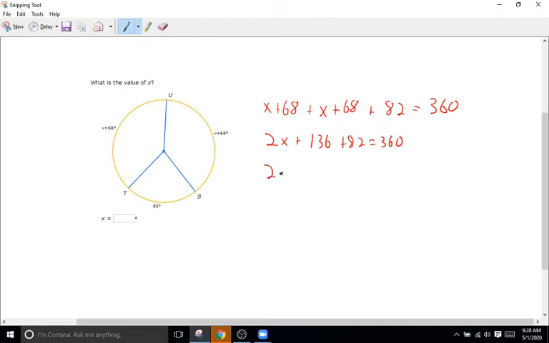Okay, we'll leave 2x alone. 136 plus 82 is, let's see, I don't want to get this wrong, 218. So 2x plus 218 equals 360. Okay, now we're going to subtract 218 from both sides.